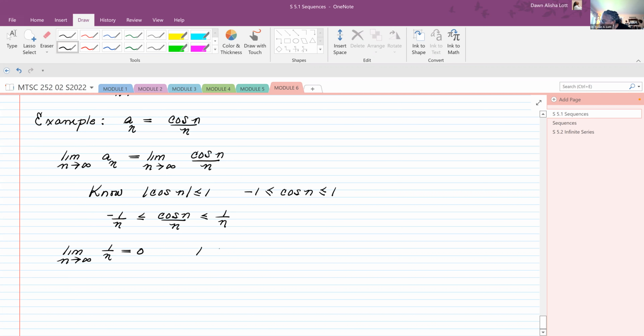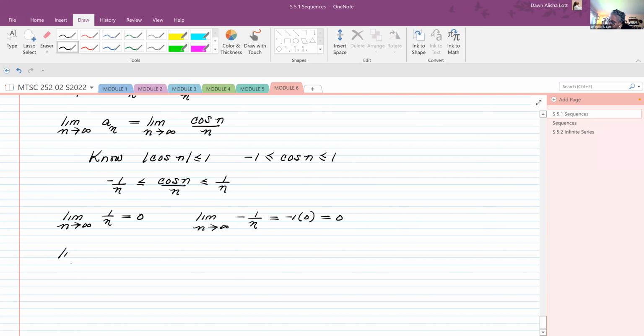And the limit as n approaches infinity of -1 over n is just -1 times 0. So I get this: the limit as n approaches infinity of -1 over n is less than or equal to the limit as n approaches infinity of the cosine of n over n, and that's less than or equal to the limit as n approaches infinity of 1 over n.